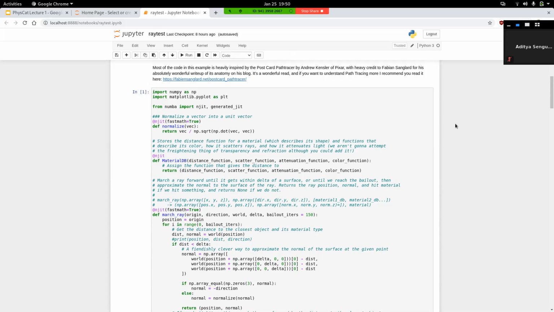One of the things I did is I used a tool called Numba, which is a tool for compiling Python. That's one of the things I'm going to talk about in my architecture class. If you don't know what compiling is, Python as a language is interpreted.